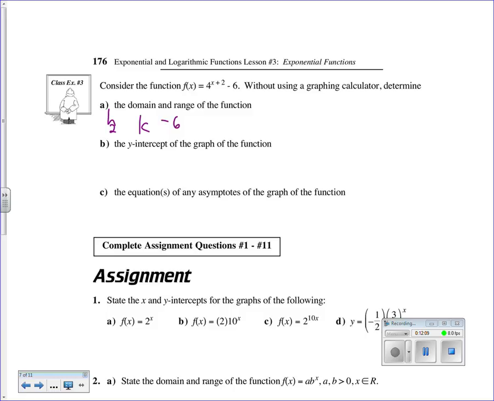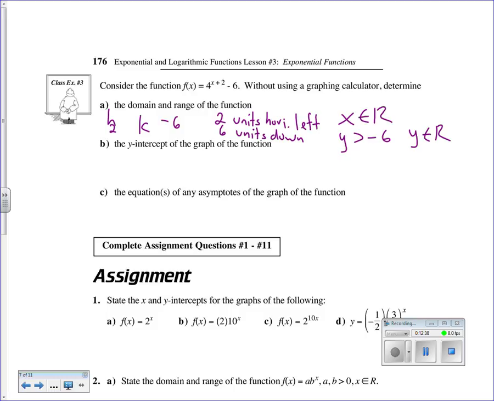X is still not going to give me any troubles, although I do see a shift of 2 units horizontally to the left. The 6 is 6 units down, which is going to have an impact on my y. My y will actually be greater than -6, and y will still be an element of the reals. My x is an element of the reals.